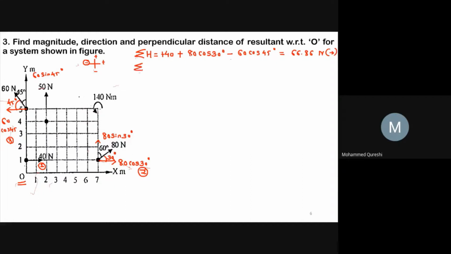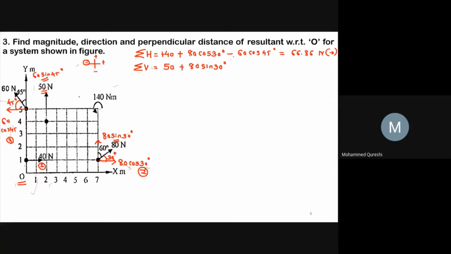Now we will go for vertical forces. So sigma V equals your first vertical force, which is 50, and it is going upward. Hence, it will be positive. Then next is your 80 sin 30. It is also going upwards, hence it will be positive, plus 80 sin 30 degrees. Now the third force is 60 sin 45.